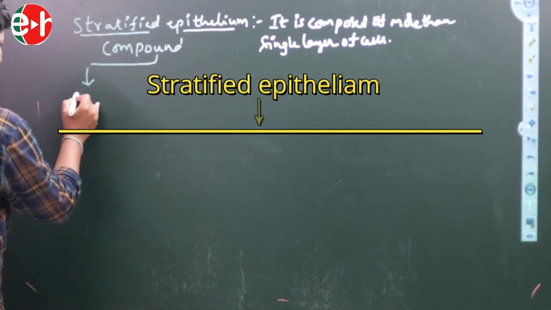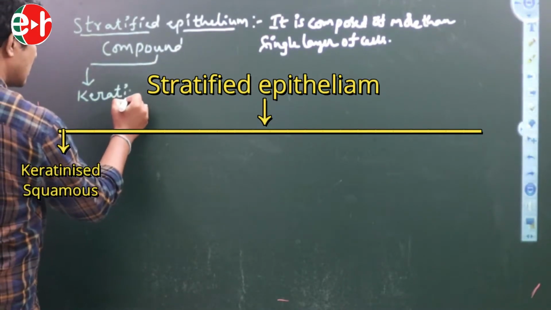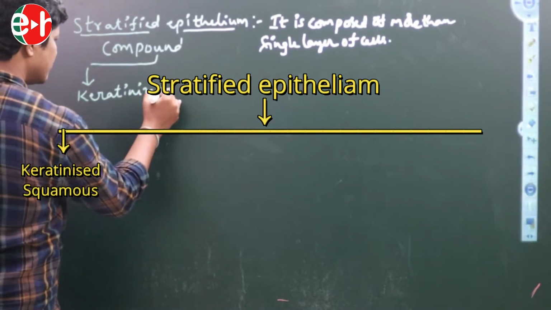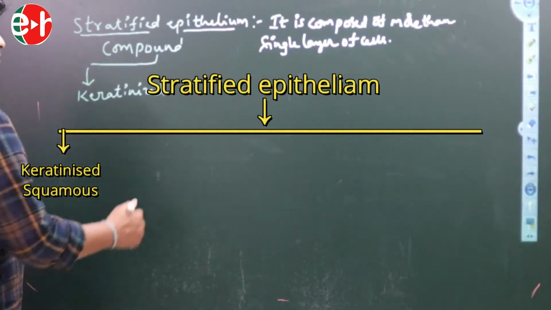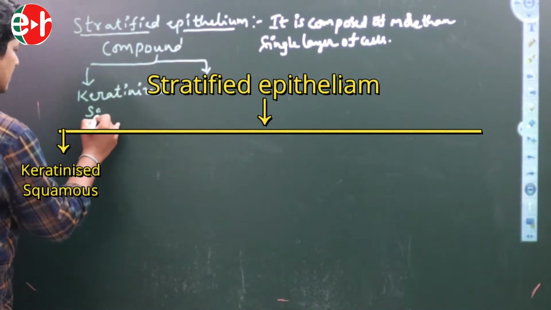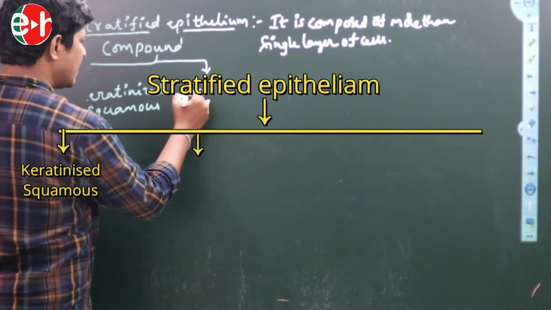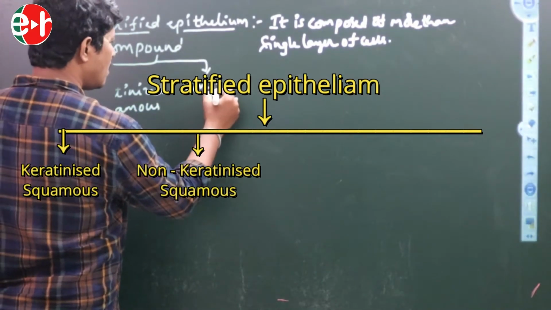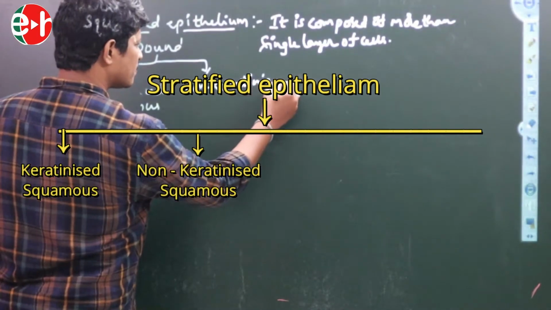The first is keratinized stratified squamous epithelium. The second is non-keratinized squamous epithelium.